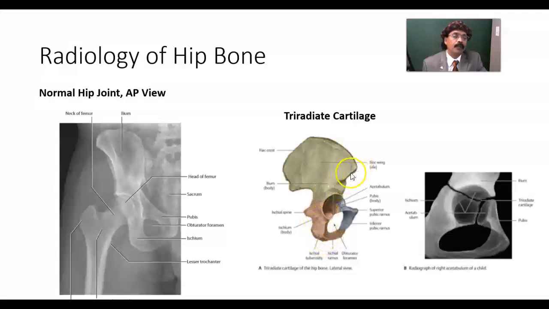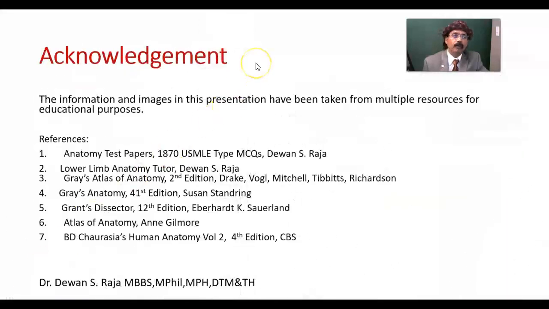We may have a separate center of ossification for the anterior superior spine or ischial spine. Again, these 3 components are connected by epiphyseal cartilage. We call it triradiate cartilage. It is hyaline cartilage in structure. Okay, and that's all about the hip bone.